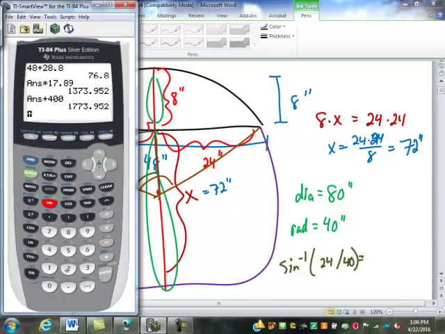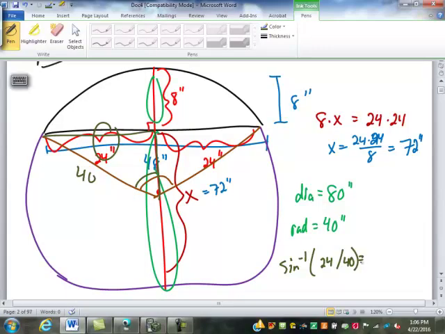So second sine 24 divided by 40 is 36.86, but that's not the angle we're looking for. We're looking for the whole thing, so we'll double that, times 2, 73.74 degrees. So what we have here is a central angle that is 73.74 degrees.